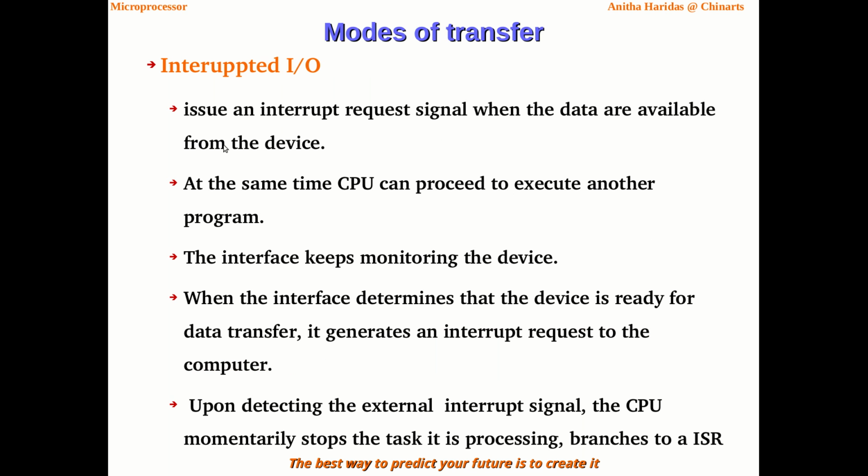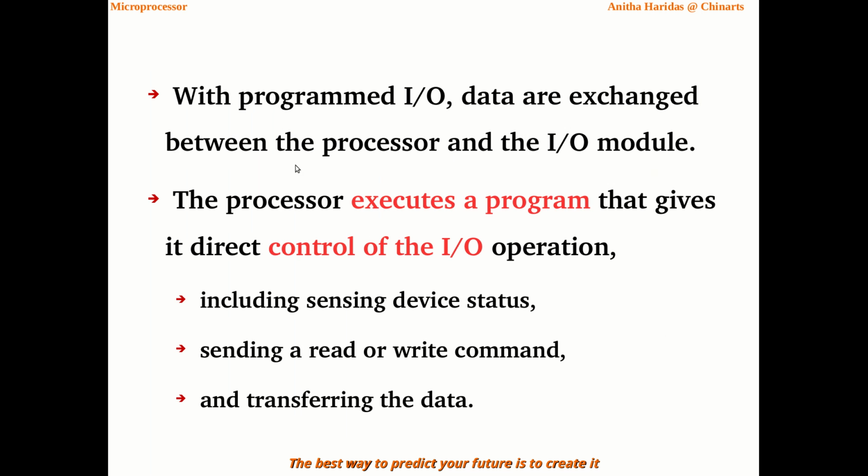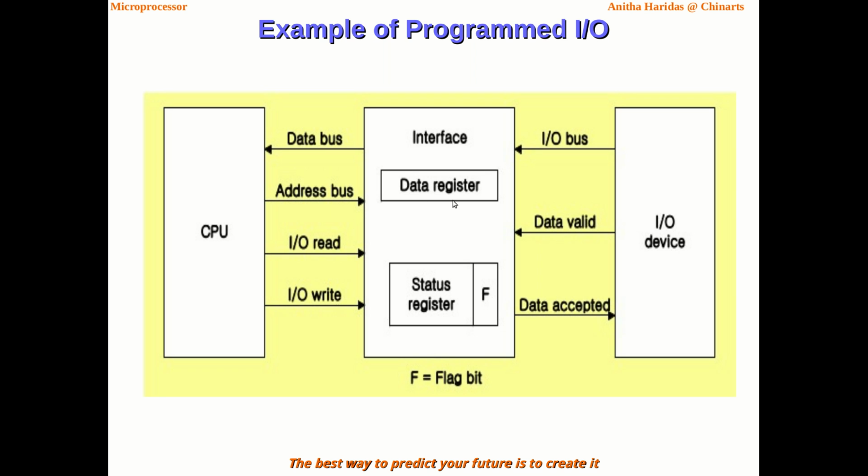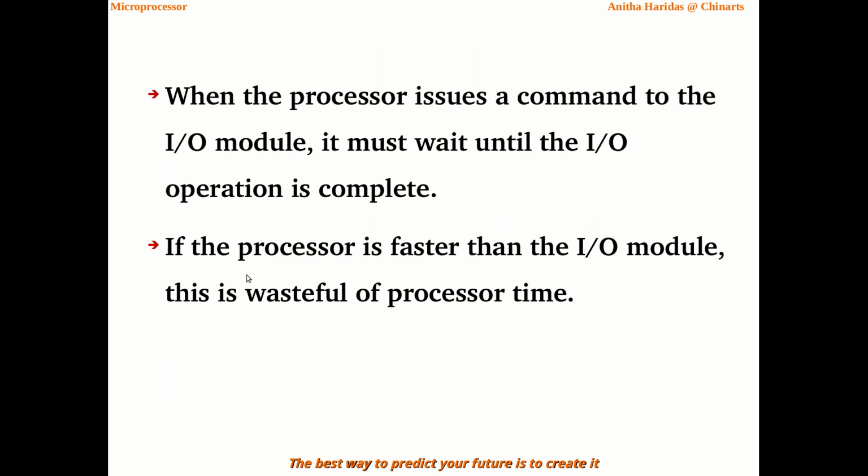In interrupted input output, the device issues an interrupt request signal when the data are available. The data will be received in a data register. So when the user presses the key, the data will reach the data register, and when the data comes to the data register, the CPU will get an interrupt.